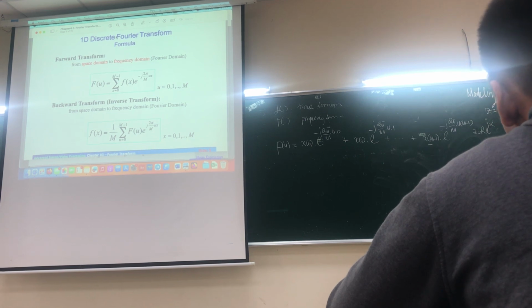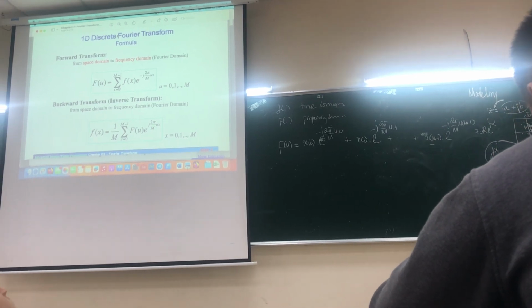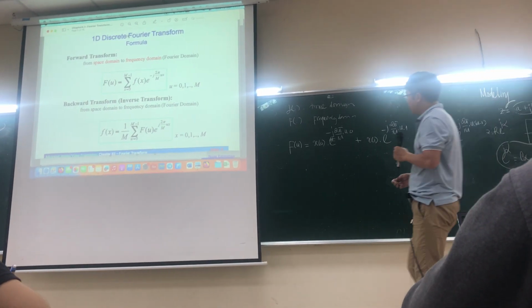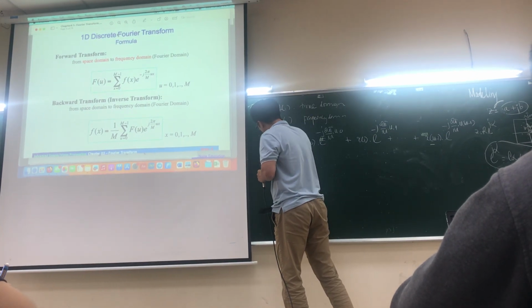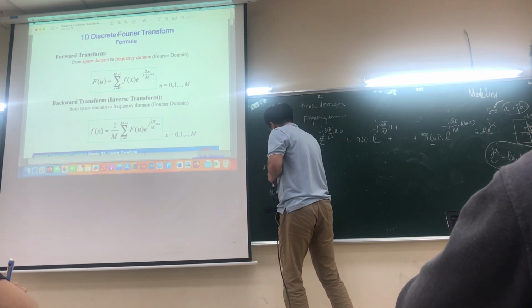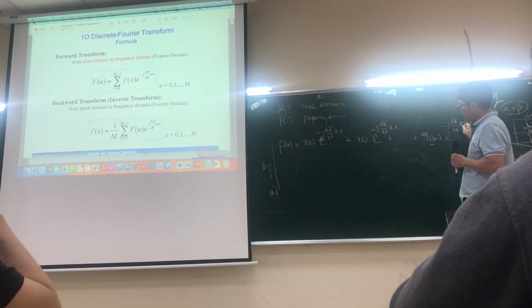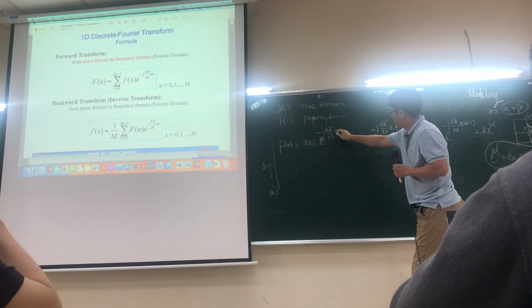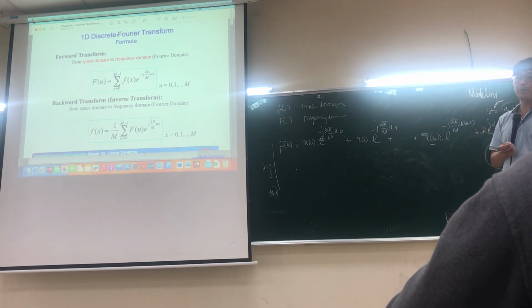You can see that is the formula. And u also goes from 0, 1 to n minus 1. For u equal to 0, the terms are all 1, so F1 equals 1, 1, 1, 1. So now you can compute it easily.